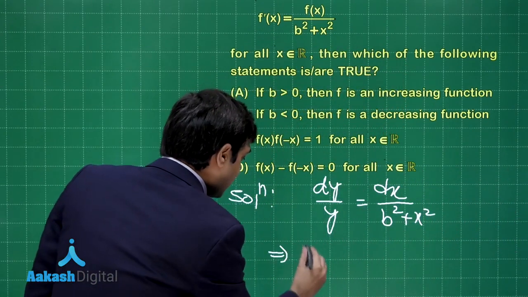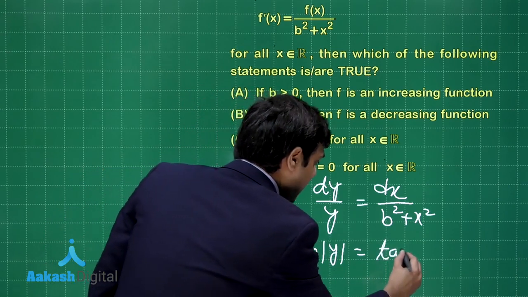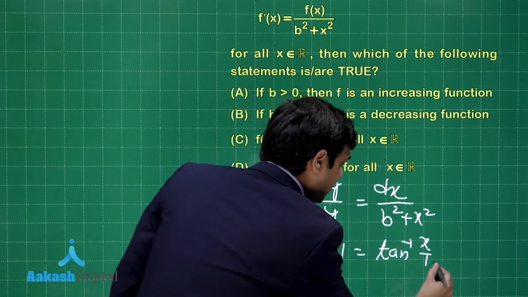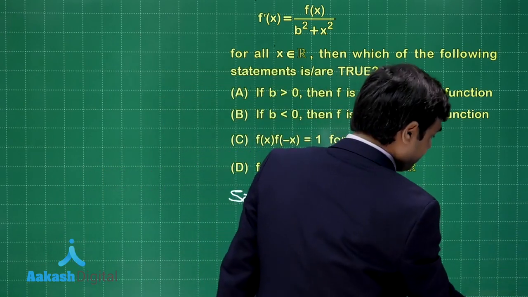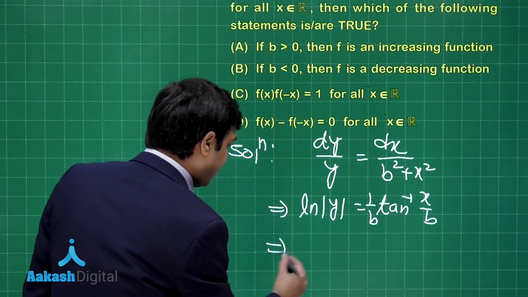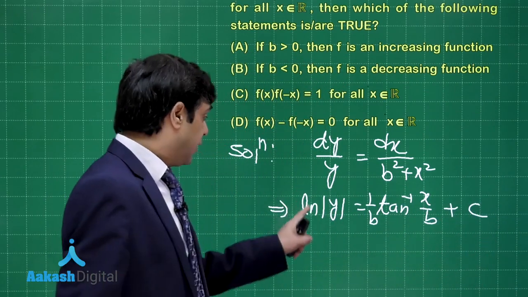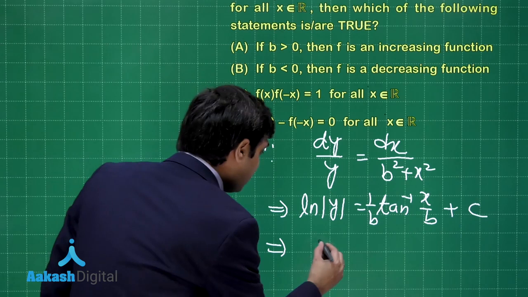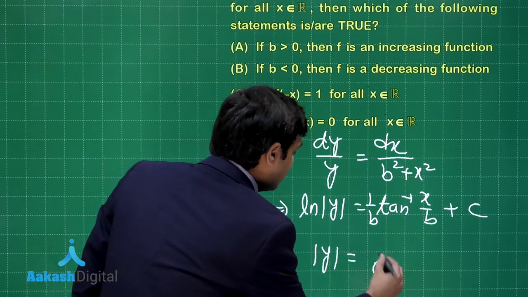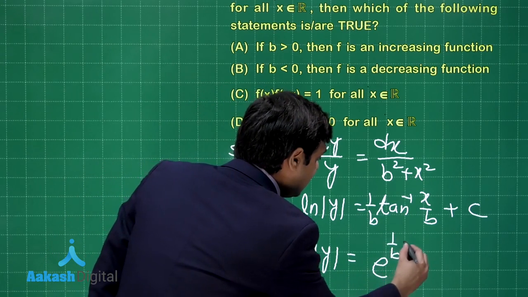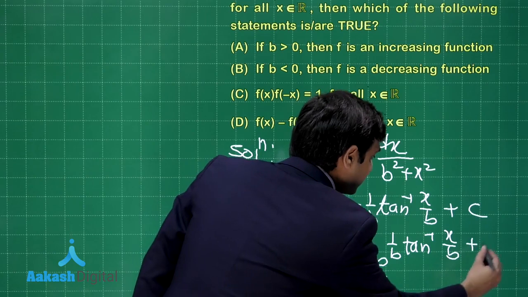Integrating both sides, you get log mod y is tan inverse x by b multiplied with 1 upon b. Correct? Now when you eliminate this log, you also have plus a constant of integration, right? When you eliminate the logarithm, you simply get mod y is equal to e raised to the power 1 by b tan inverse x by b plus c.